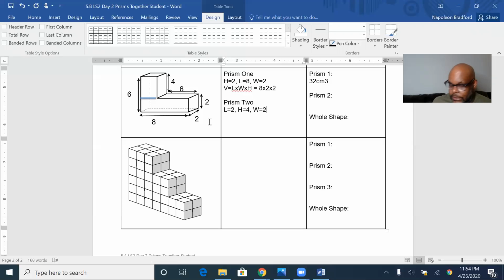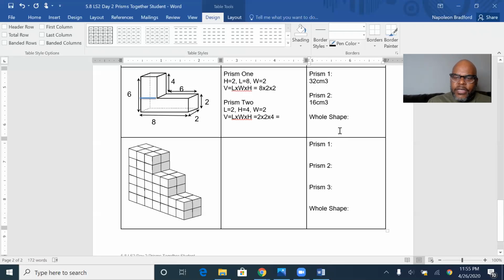All right, time's up. So we know that what? Volume is equal to length times width times height, which is equal to 2 times 2 times 4, which is equal to 16 centimeters cubed.